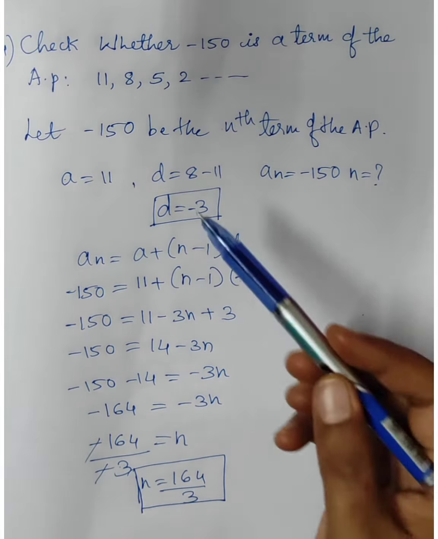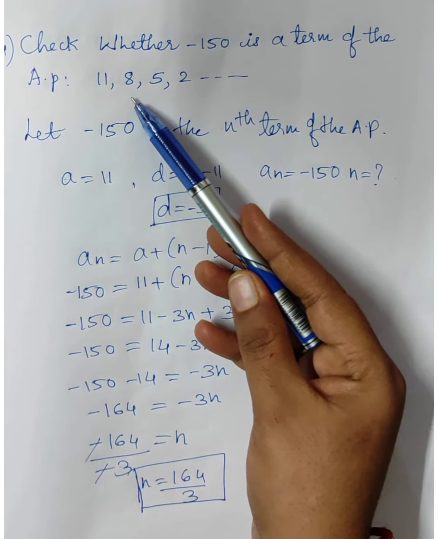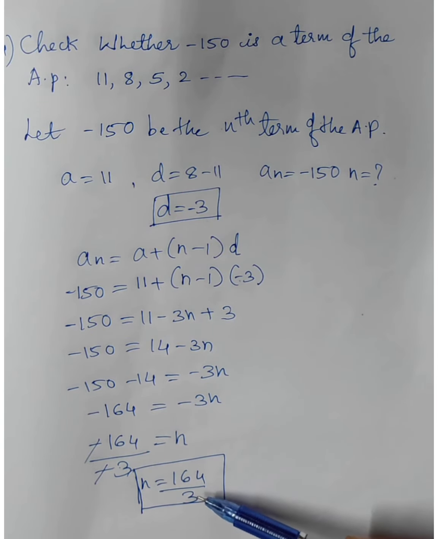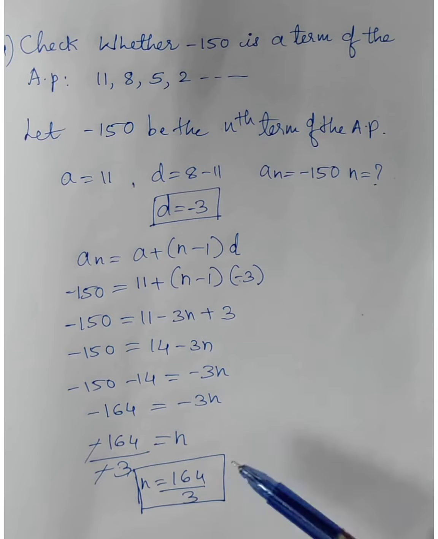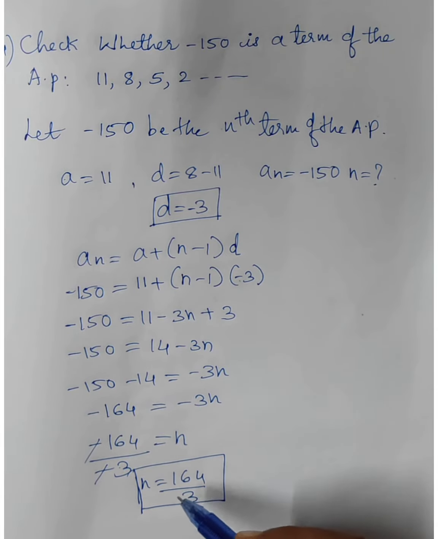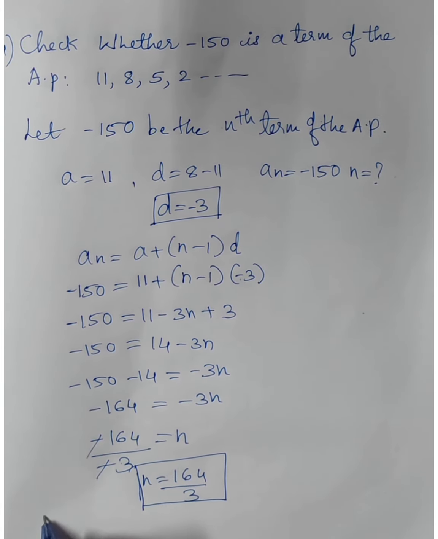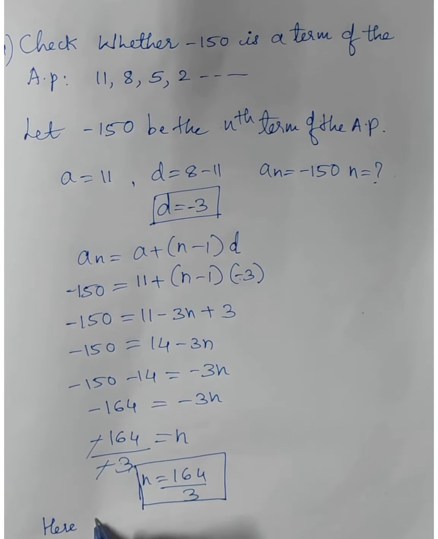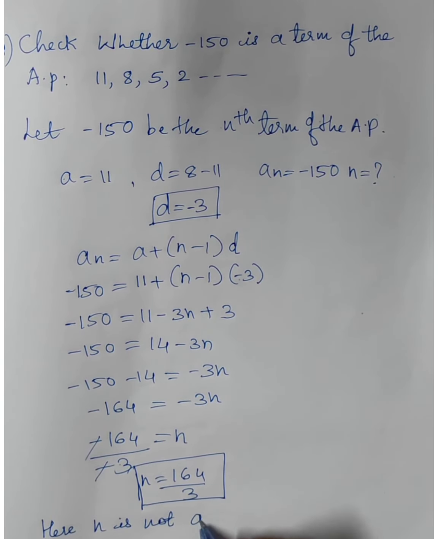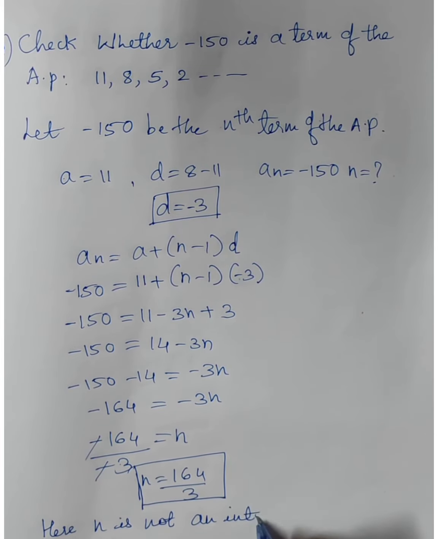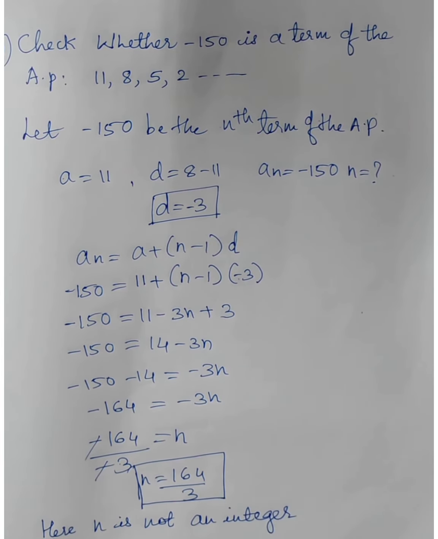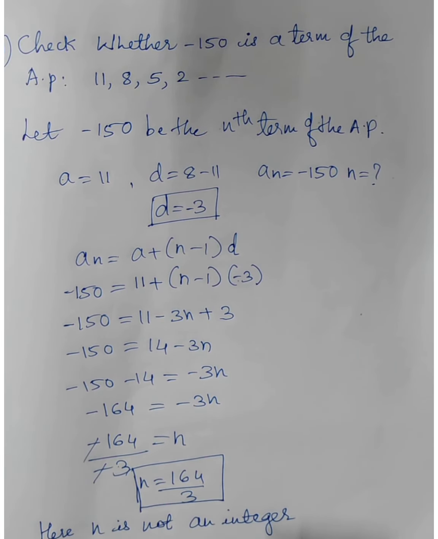Now if you see the sequence and the value of n, this is in terms of fraction. Okay. It is not an integer, it is in terms of fraction. So how you can write it here? Here n is not an integer.